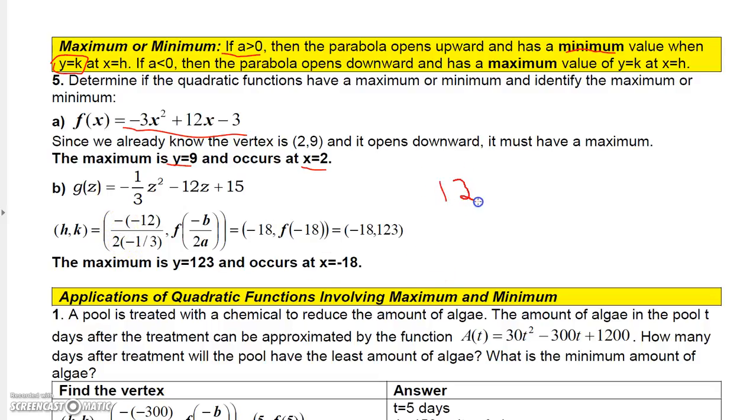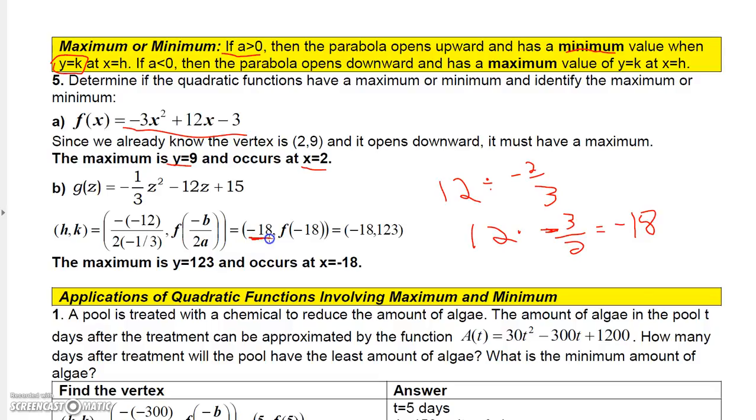Well, 12 divided by negative 2/3 is actually the same as 12 times negative 3/2. And if you multiply 12 times negative 3/2, you're going to get negative 36 over 2, which is negative 18. Okay, so the x value is negative 18.